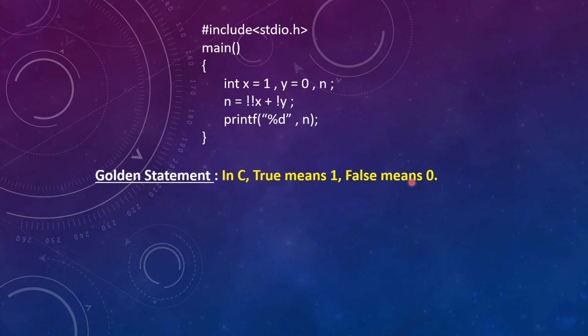So false means 0, it is correct, no worries, but true means 1. Why only 1? Why not any non-zero data? True can be anything, right? Yes, but see, any non-zero data is definitely a true value if you are taking that in a condition perspective.